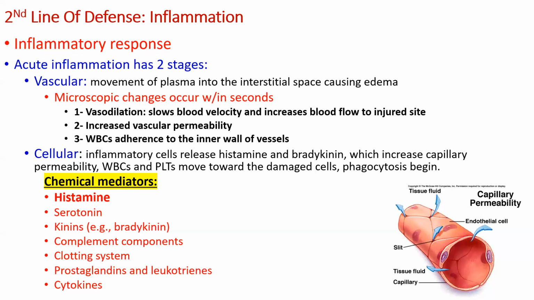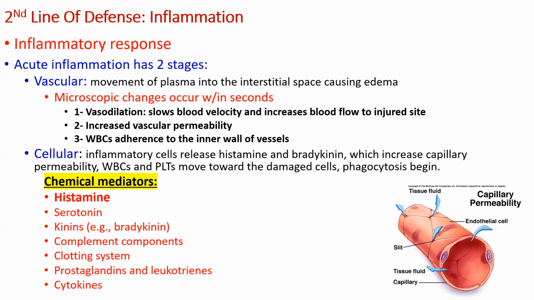And the second phase or stage in the inflammatory process is cellular, in which the inflammatory cells will release chemical mediators like histamine and bradykinin.